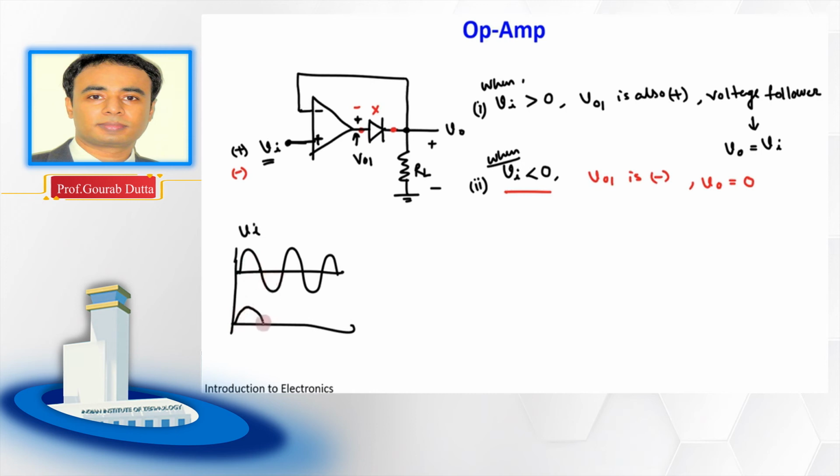For the negative half, the output voltage is 0. Again for the positive half we will get this, again for this positive half we will get this. So this is the time axis and this is that output. So basically this circuit passes all positive halves, and the negative halves this circuit is blocking.